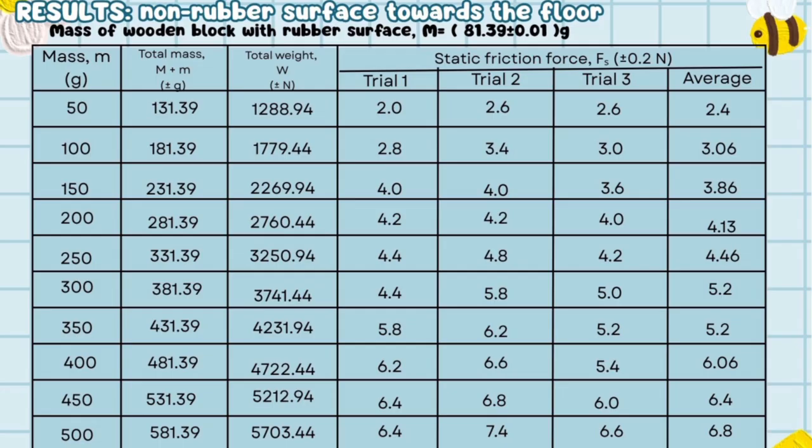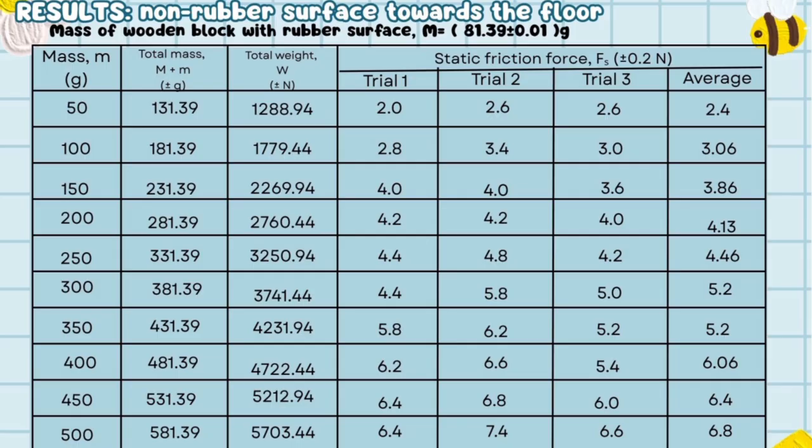The first trial is 2.0, 2.8, 4.0, 4.2, 4.4, 4.4, 5.8, 6.2, 6.4, 6.4. The second trial is 2.6, 3.4, 4.0, 5.2, 4.8, 5.8, 6.2, 6.6, 6.8, 7.4.